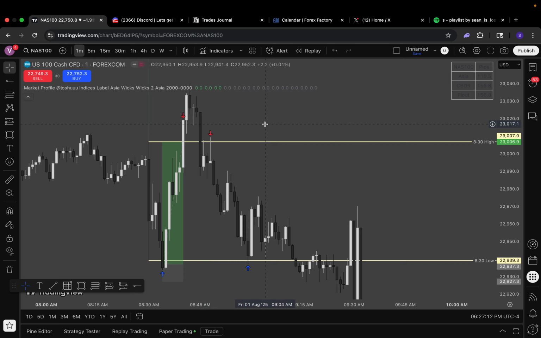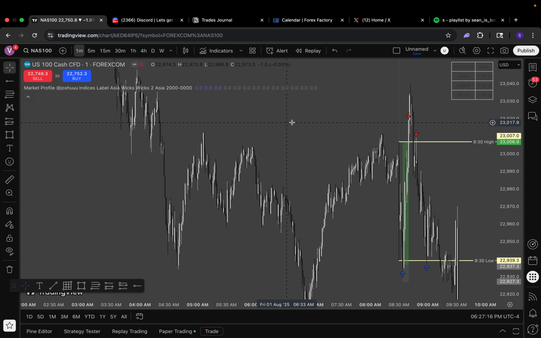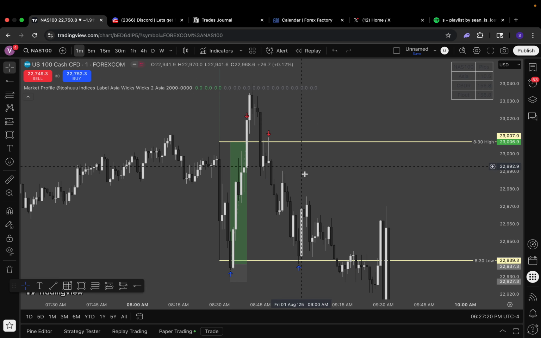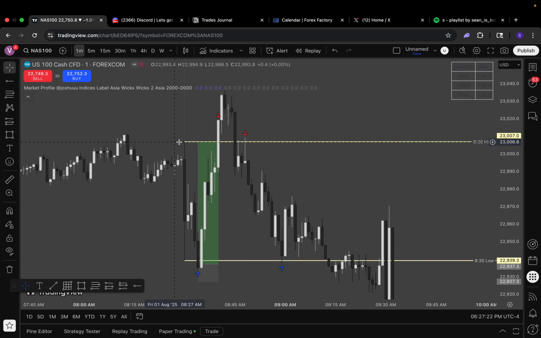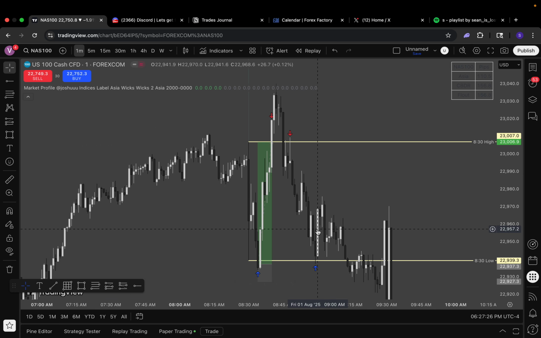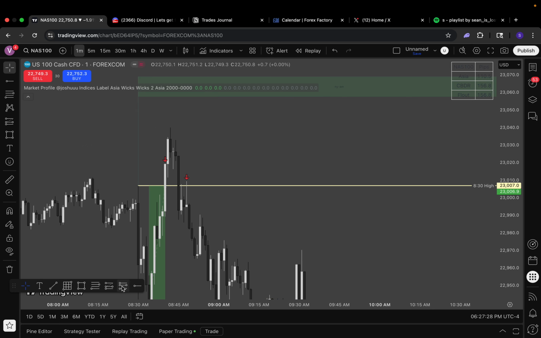And I re-entered here because we see that price sweeps all this sell side liquidity here, and it swept data highs. As soon as data highs get swept, price goes the opposite direction, and we see that.